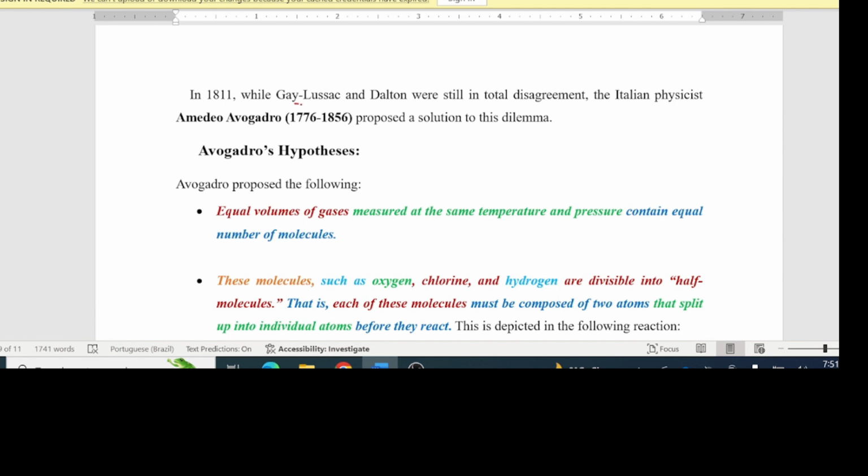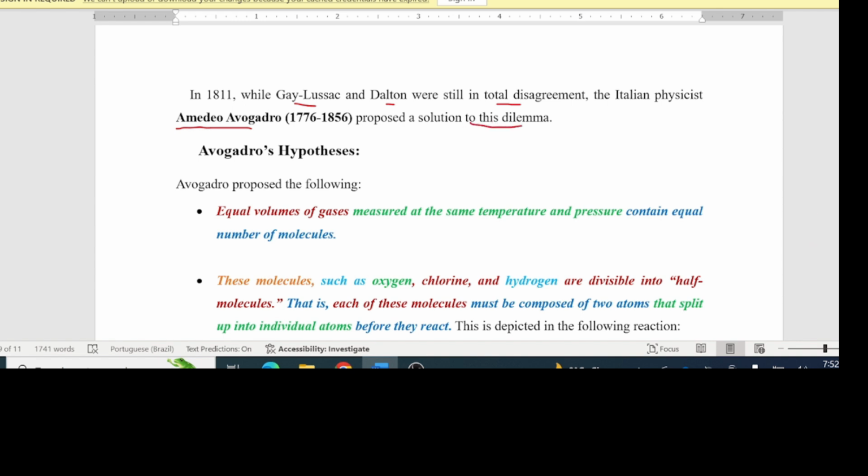While these 2 were still at loggerheads, in total disagreement, Italian physicist Amedeo Avogadro, remember him, proposed a solution to this dilemma.